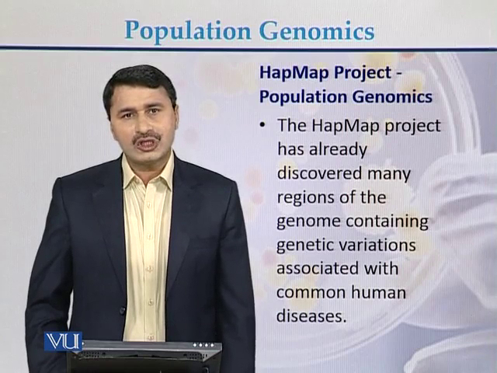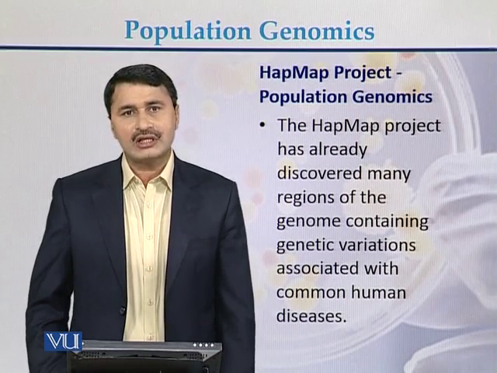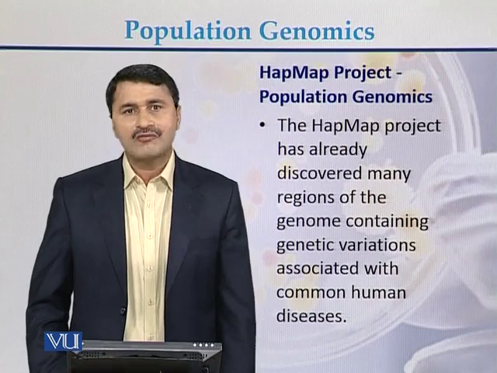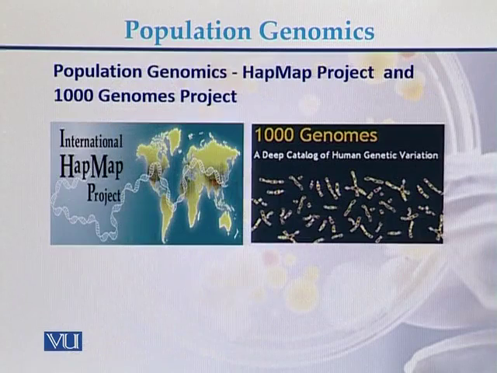If an individual has that particular genetic variation, that individual would be more susceptible to those diseases. These are the two best examples of population genomics: the International HapMap project as well as 1000 Genomes.